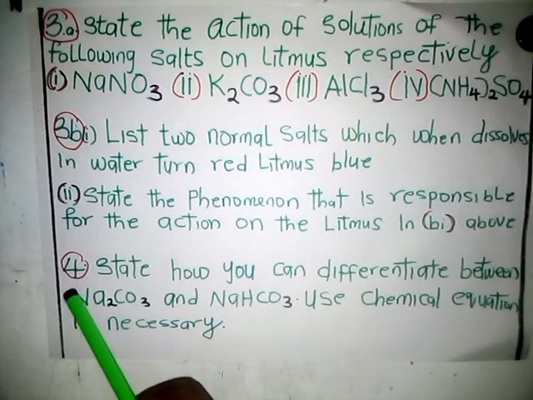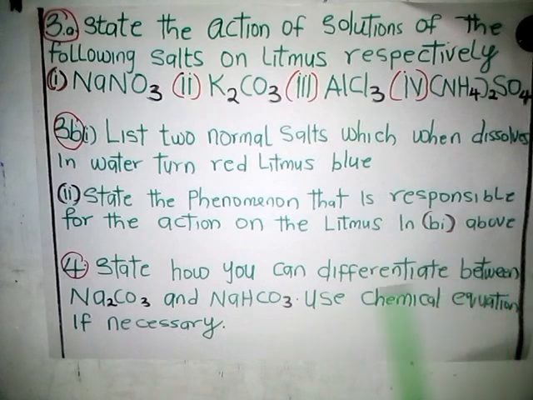Then the fourth question, state how you can differentiate between sodium carbonate and sodium bicarbonate. That is sodium hydrogen carbonate. Use chemical equation if necessary. Okay. Sodium carbonate, sodium bicarbonate, of course, both of them are salts. They are white in color.